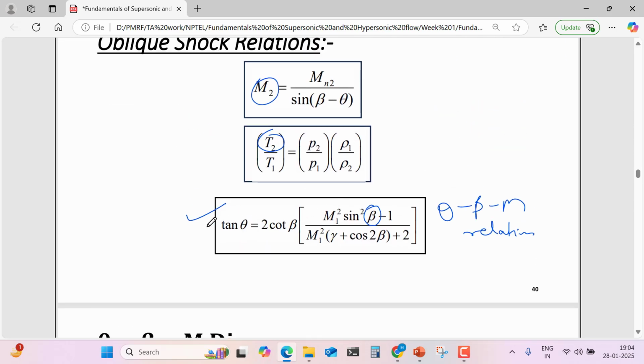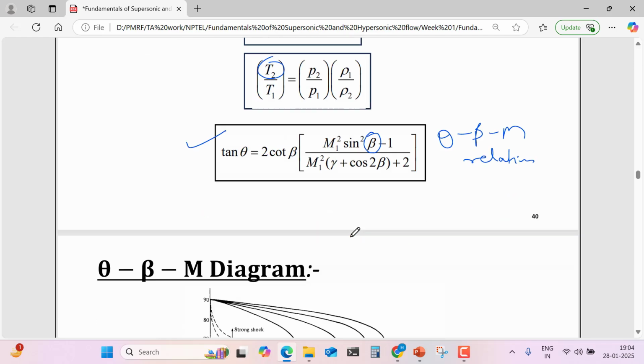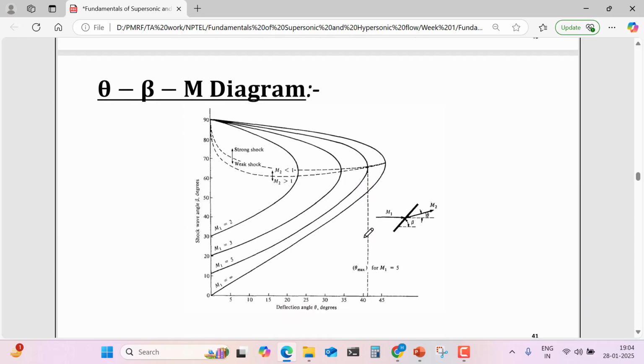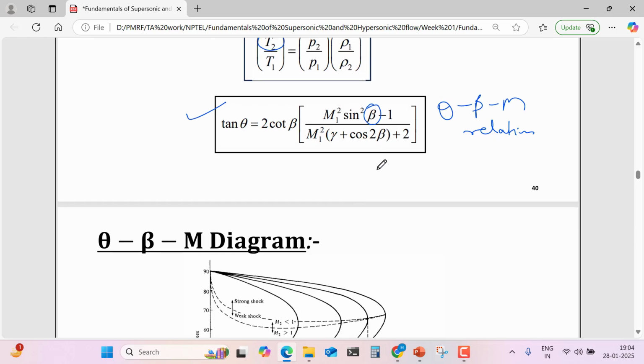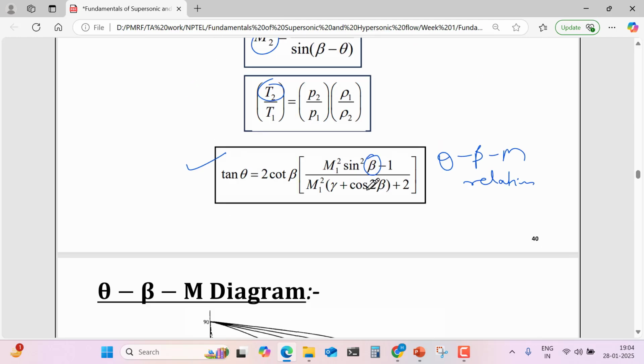If we plot this theta beta M on a graph, we will get this plot. If you put here, instead of beta, 180 minus beta also, you will get one more solution.